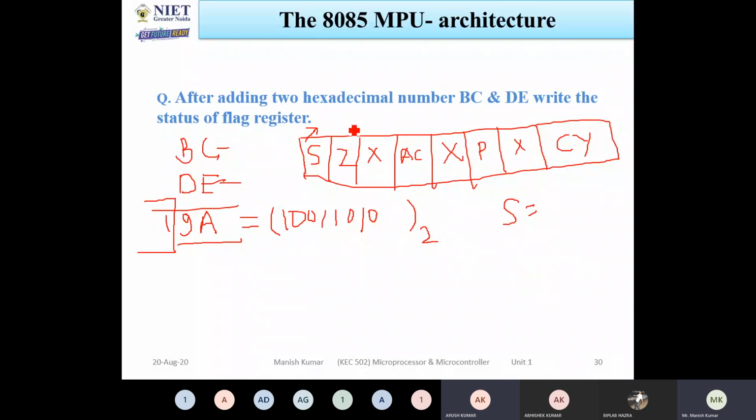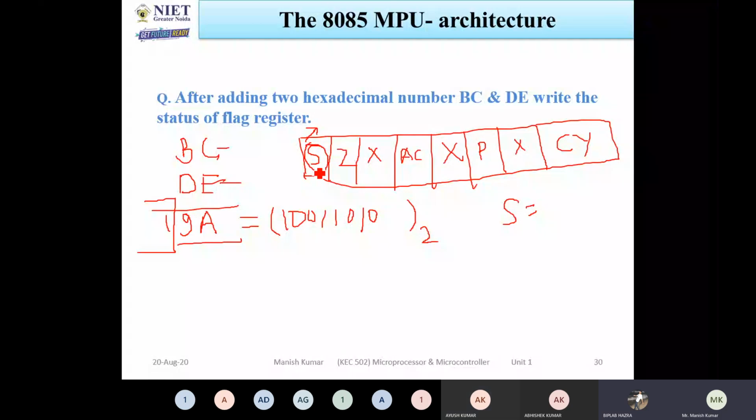So how can you decide whether it is negative or positive? Listen. This bit indicates whether the number is positive or negative. In case of positive it is 0.